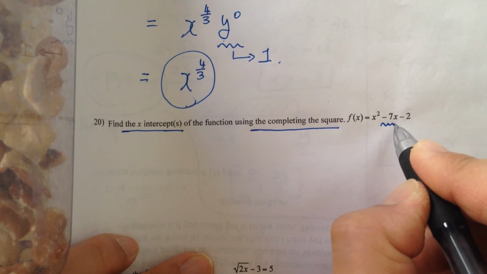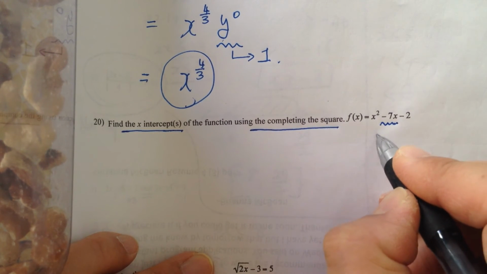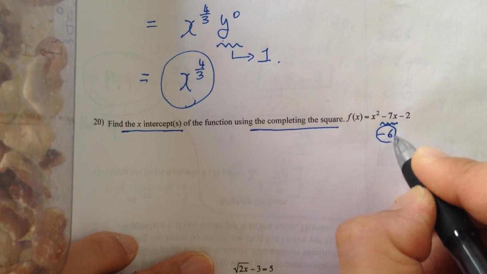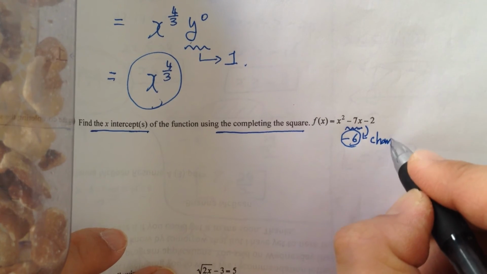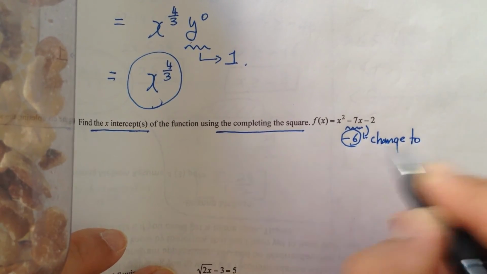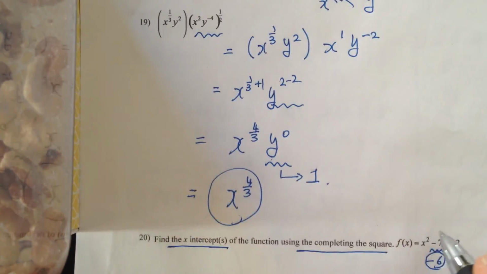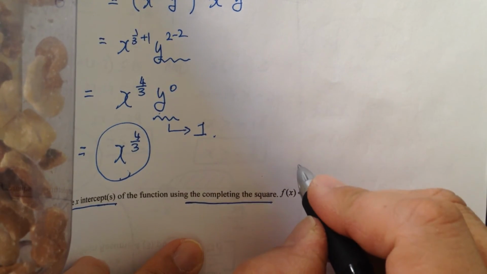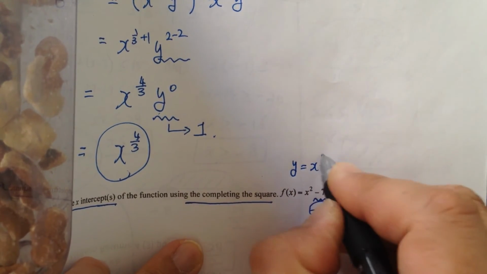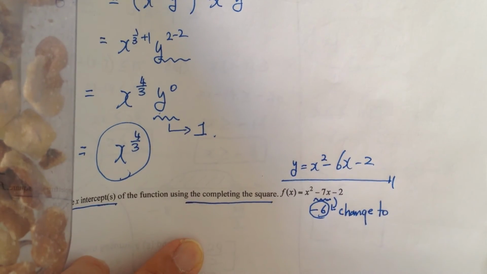I'm going to make this -7 as, I'm just going to say -6. Okay, so the new problem here is, I'm going to write it on top. The new problem here is y equals x squared minus 6x minus 2. Let's just deal with this one.